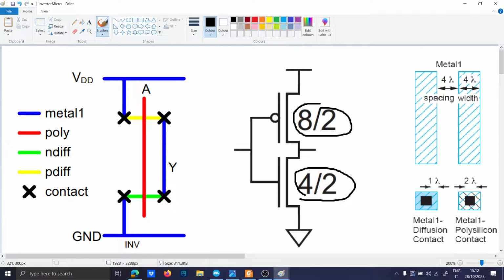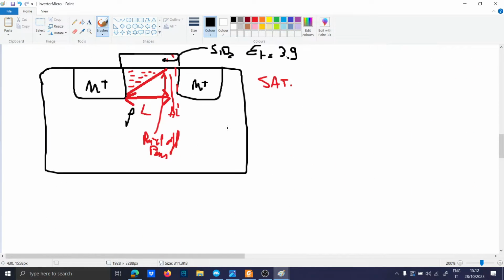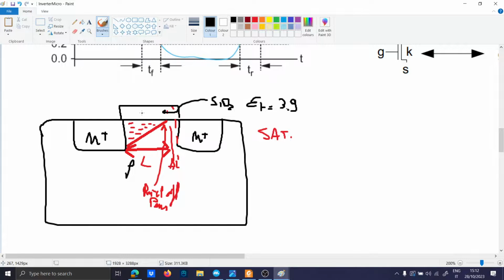If we come back here, this is a stick diagram, and the ratio here is indicated. Oh, sorry, I forgot that after the oxide there is the polysilicon, and this is the gate. Sorry, I forgot that this is the source, and this is of course the drain.